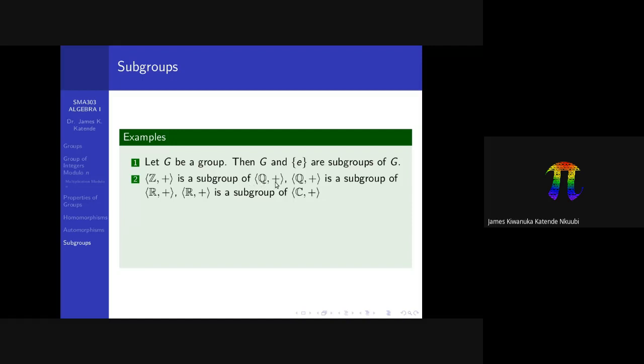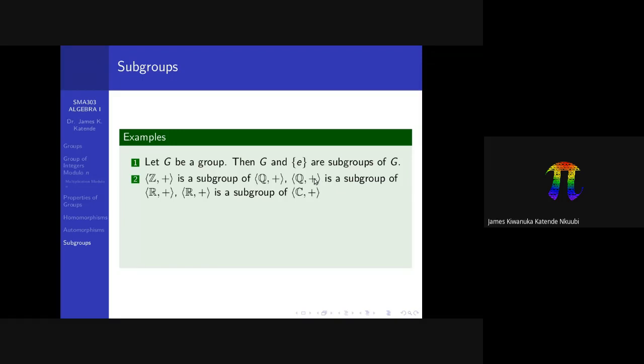But we know that the rational numbers form a group under addition, just the usual addition. And also the set of integers forms a group under the same binary operation of addition. Therefore, we can conclude that the integers will be a subgroup of the rationals.